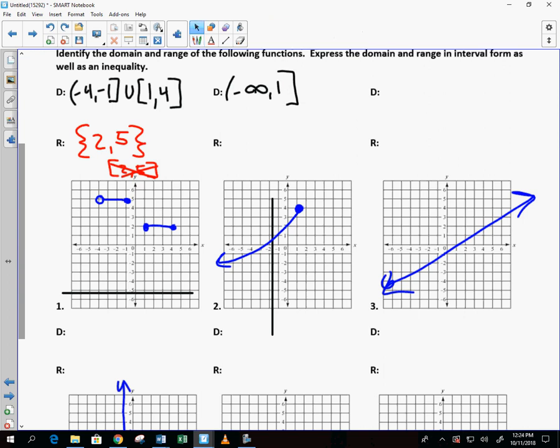Range. Let's make a new line. Okay, is it going to cross down here eventually? Yep. How about here? Here? So from negative infinity to 4. Good.